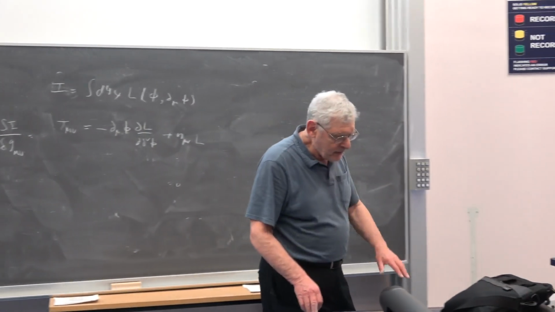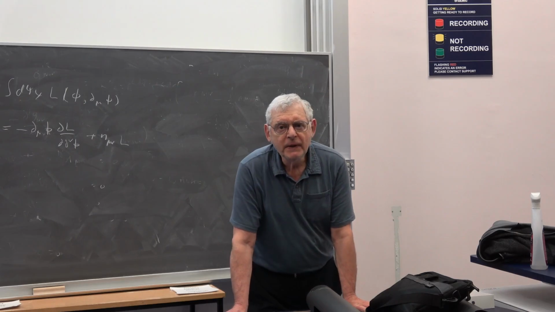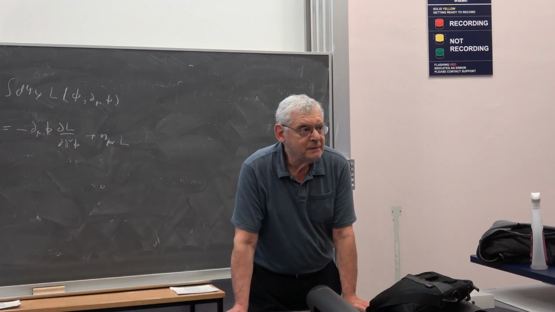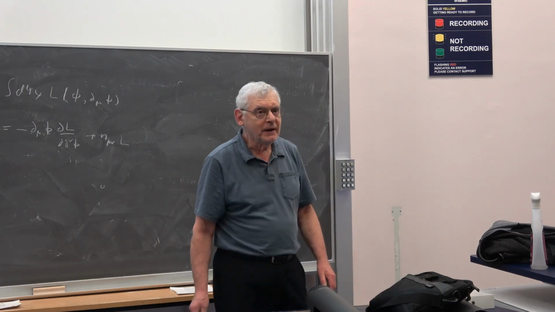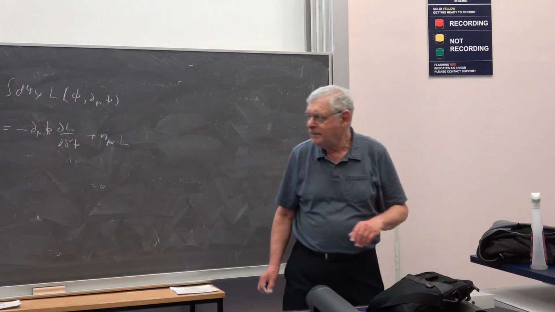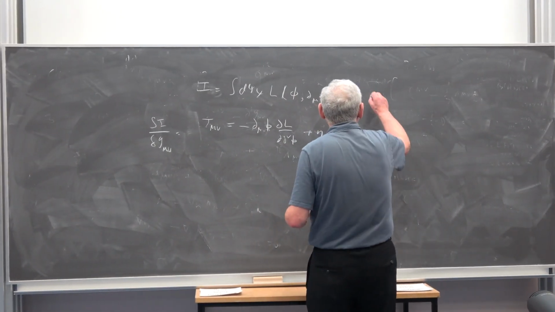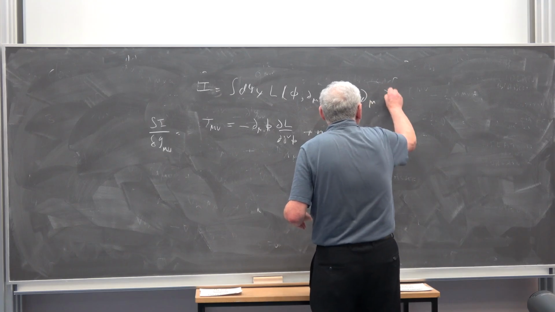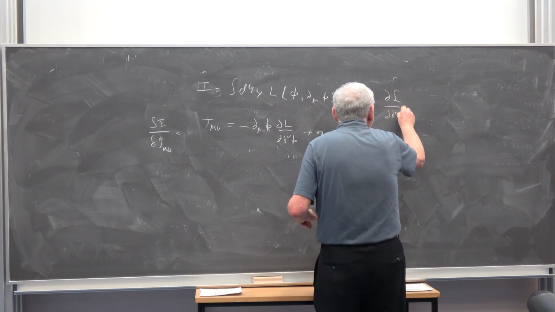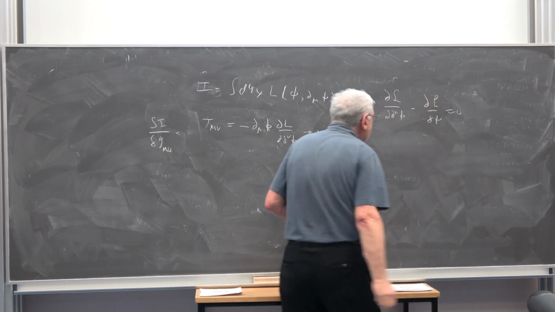Now, you will find in classical mechanics that the energy momentum tensor is never determined this way. There's something you call the canonical energy momentum tensor, which you construct by inspection. But let us see what happens here. We have the Euler-Lagrange equation, ∂_μ of the variation of the Lagrangian with respect to ∂_μφ, minus ∂L/∂φ is 0. Those are the equations of motion.